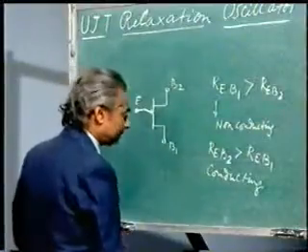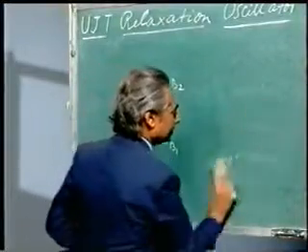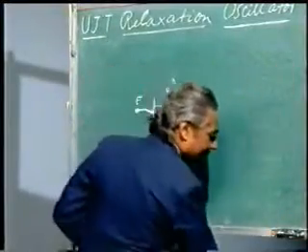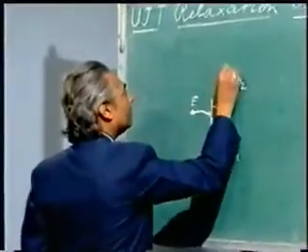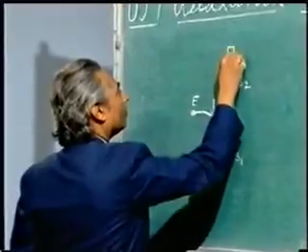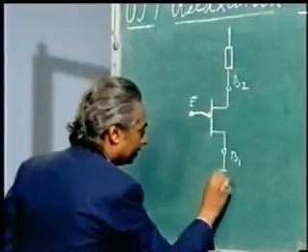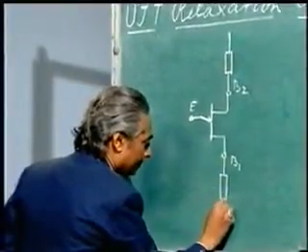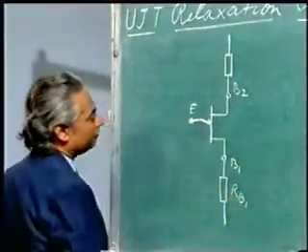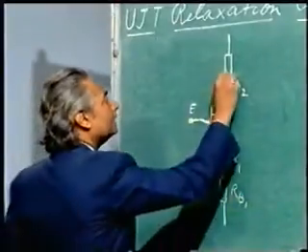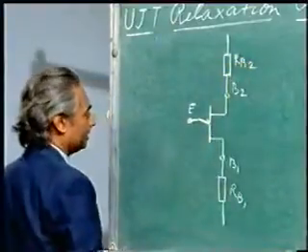Now let us see what happens if I energize the device. Suppose there is a resistance connected here, and there is a resistance connected here. This will of course be RB1, which is connected across base 1, and this resistance which is connected across base 2 will be RB2 obviously.